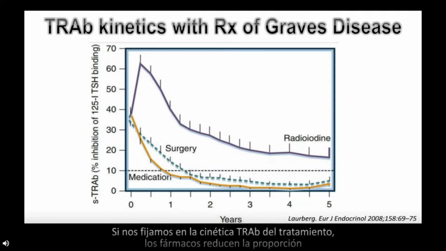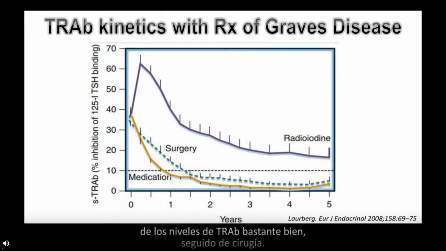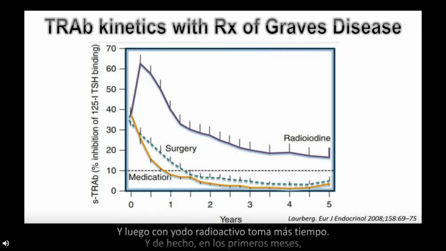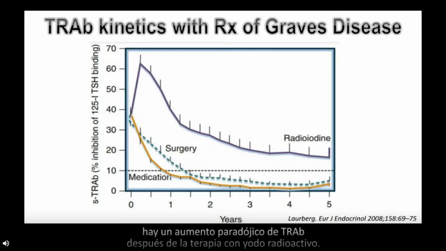Right. If we look at the TRAB kinetics of treatment, medications bring down the proportion of TRAB levels quite well, followed by surgery, and then radioiodine takes a longer time. And in fact, in the first several months, there is a paradoxical rise in the TRAB following radioiodine therapy.